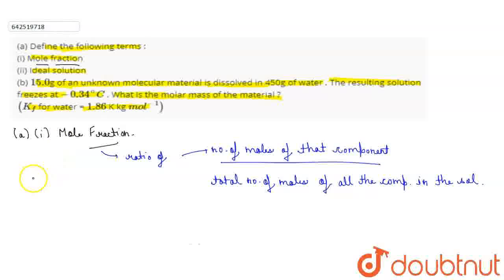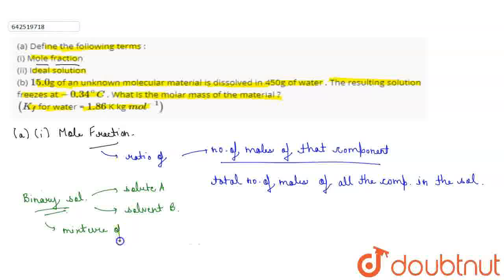So consider a binary solution containing solute A and solvent B. And a binary solution is basically a mixture of liquids that are miscible with each other.